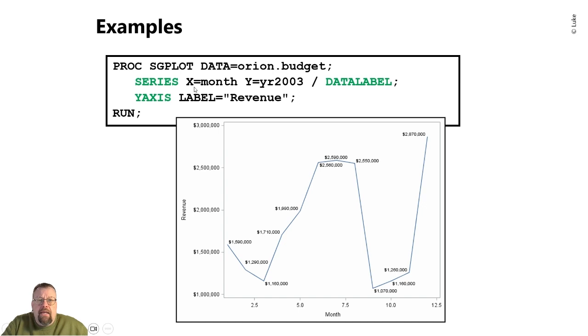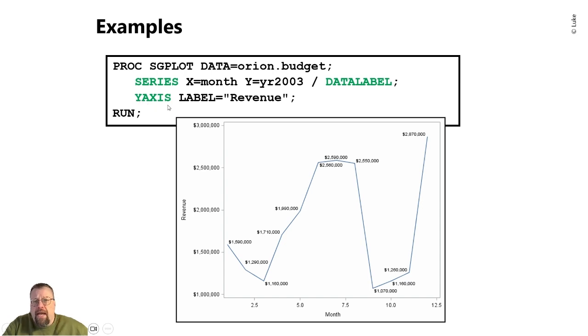And we need to define the x-axis variable, which is month, and the y-axis variable, which is YR2003, meaning it's the revenues for each month in 2003. And then after the slash, we can add some additional options. Here we define the data label, which makes it so that we get the values of the y-axis next to each point here.